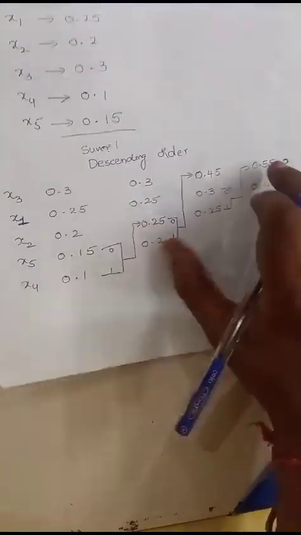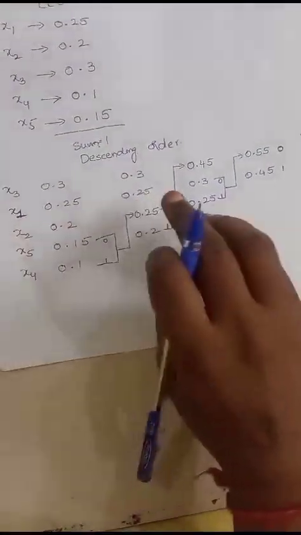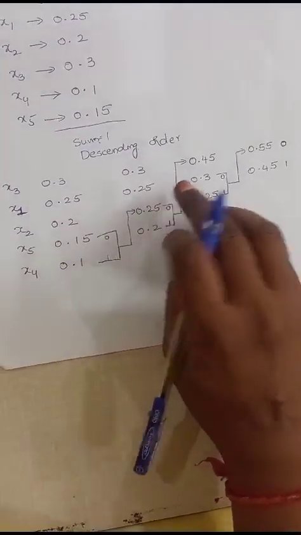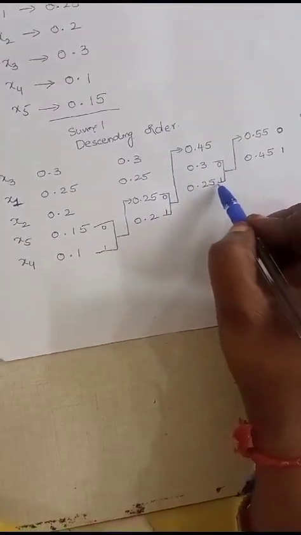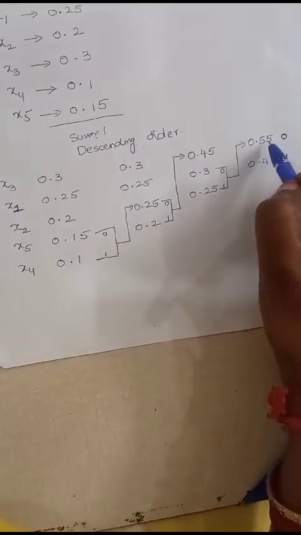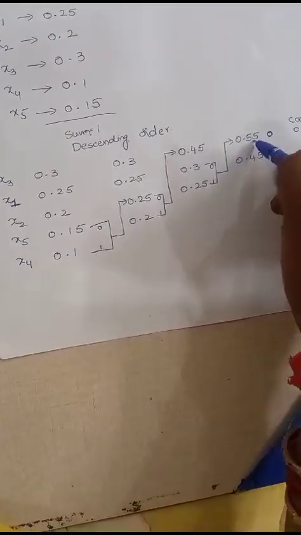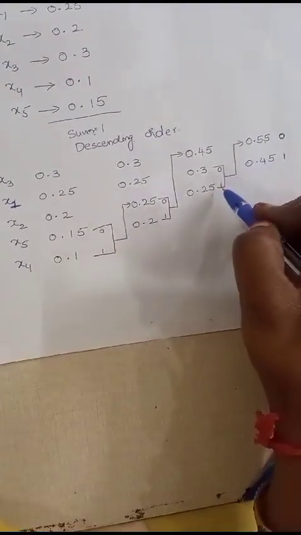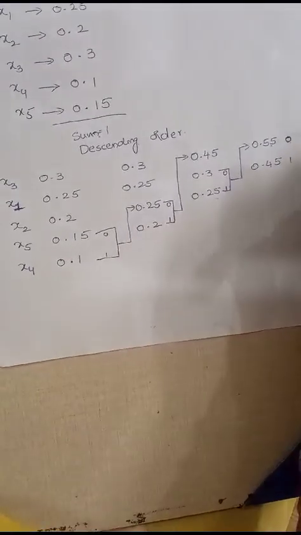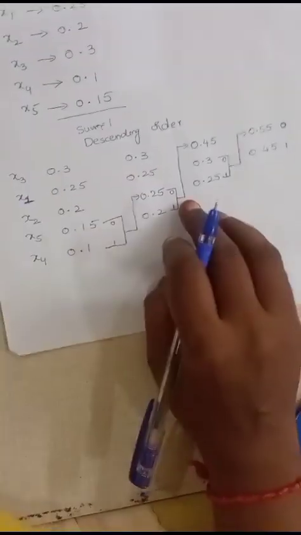Next, if you take x1, that is 0.25, it remains 0.25 here, but it has contributed to this 0.55, whose code is 0, and then the next code given to this 0.25 is 1. So the code is 01 for x1.